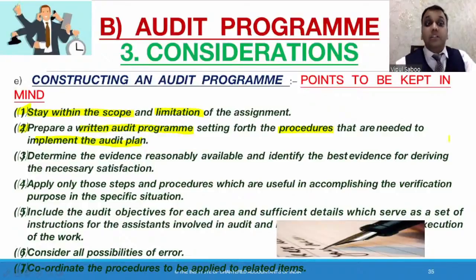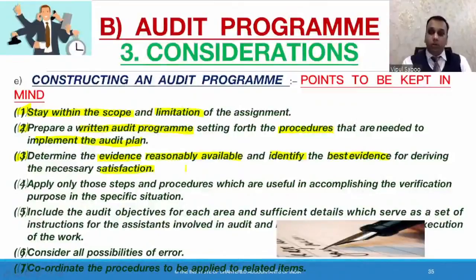The third point you need to keep in mind: determine the evidence reasonably available and identify the best evidence for deriving the necessary satisfaction. As Rekha asked me, sir, if we find a purchase invoice, do we need to check the physical existence of that particular item?